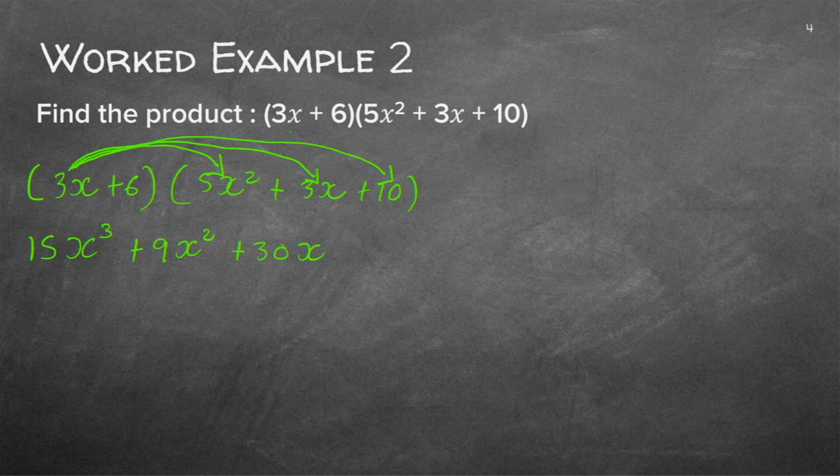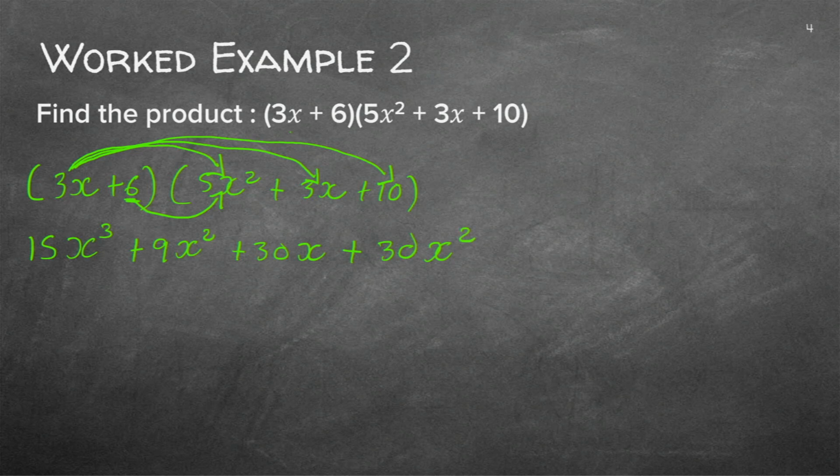Okay, so we have dealt with the first part. We now need to look for the product that 6 will give us with the other terms that we have. So 6 multiplying 5x squared, you are going to have a plus 30x squared.